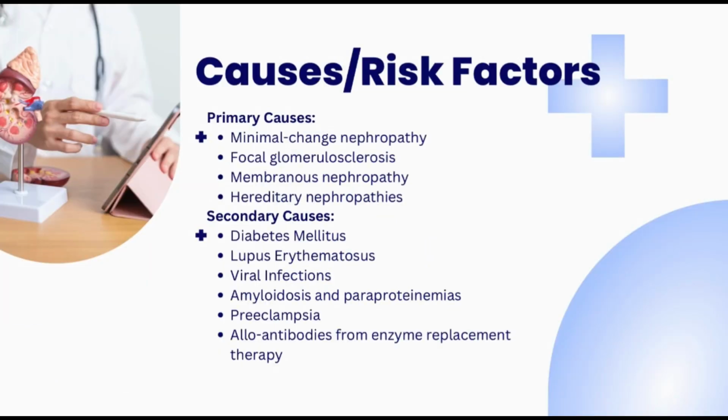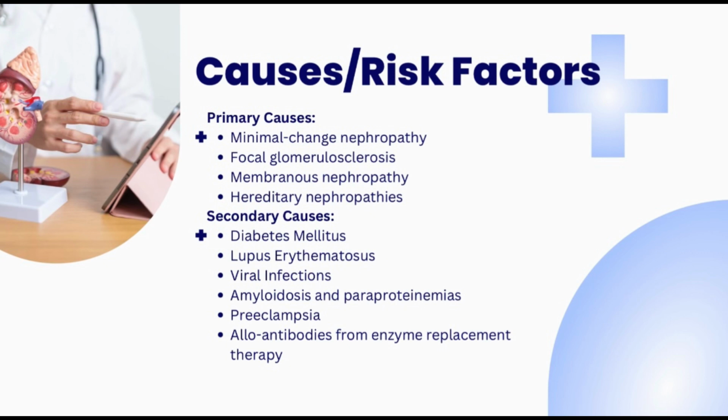Nephrotic syndrome can be primary or secondary. Primary being a disease specific to the kidneys. The primary causes are minimal change nephropathy, focal glomerulosclerosis, membranous nephropathy, and hereditary nephropathies. Secondary naman is the renal manifestation of a systemic general illness.